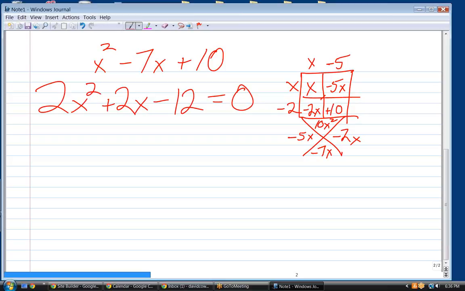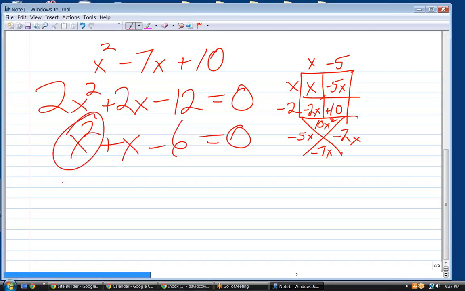Well, actually, there's a better first step: factor out a 2 from everything. Oh, yeah. So then that would be x squared plus x minus 6. Now we have the easy case. I can do that in my head: x plus 3 times x minus 2.